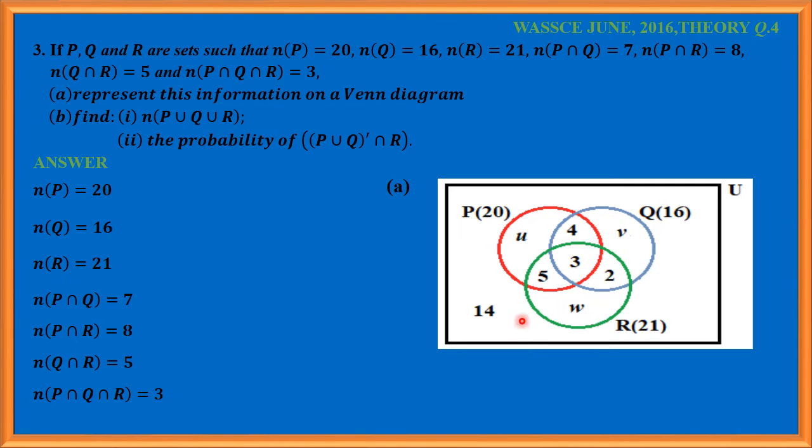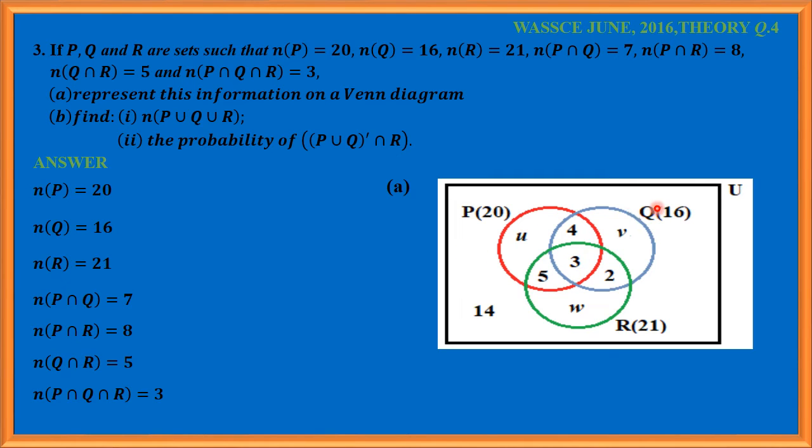With the Venn diagram, we have P equal 20, Q equal 16, then R 21, then we have P intersection Q, which is 7. P intersection Q intersection R is 3, which represents the intersection of the three circles here. So the intersection here becomes 3.